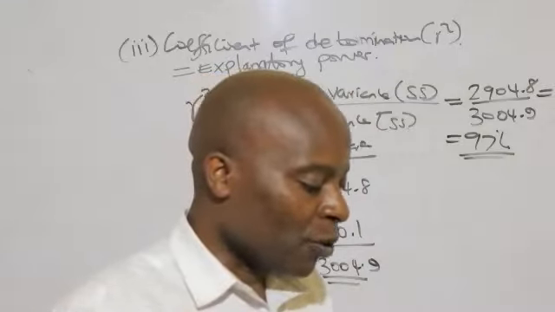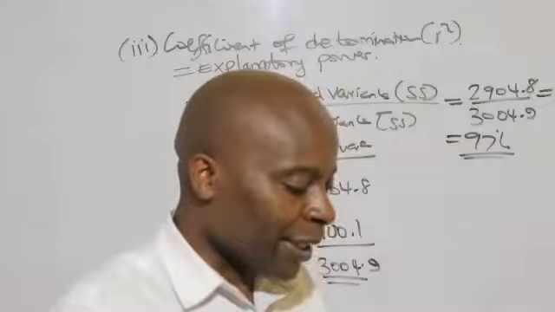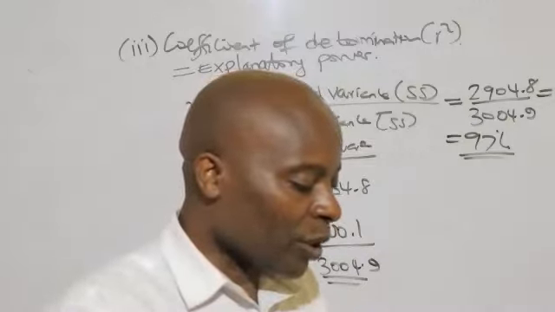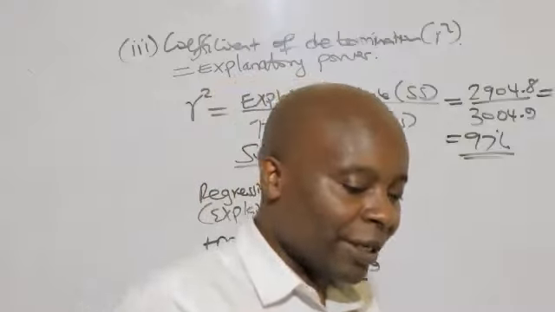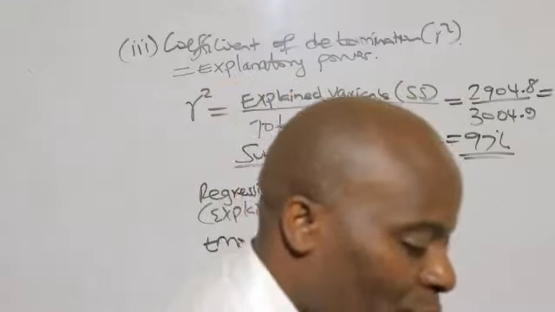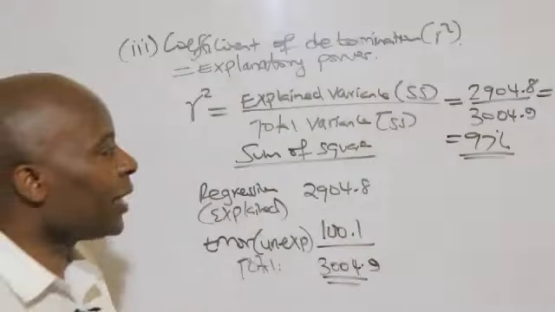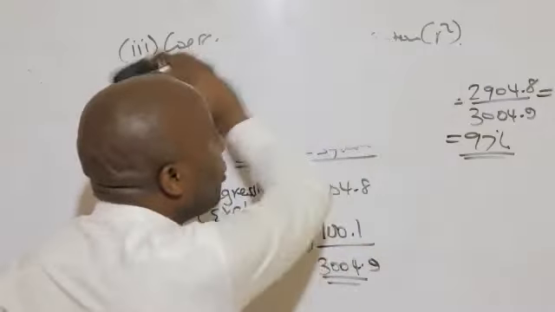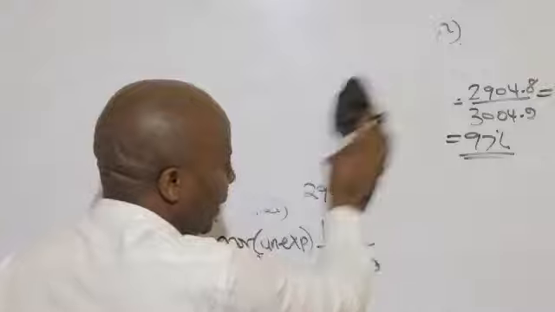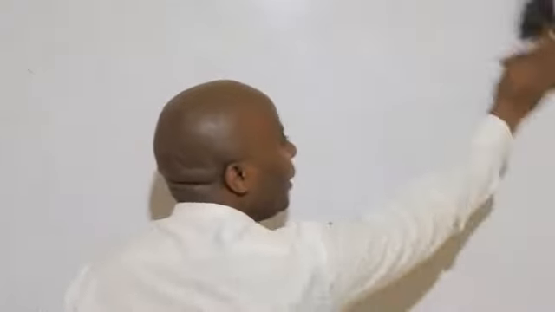Look at number 4. They want us to do something very easy: test the statistical significance of each predictor variable. Remember, significance tests are also known as hypothesis tests. We have two types of hypothesis tests: the predictor variables hypothesis test, and the whole equation hypothesis test.